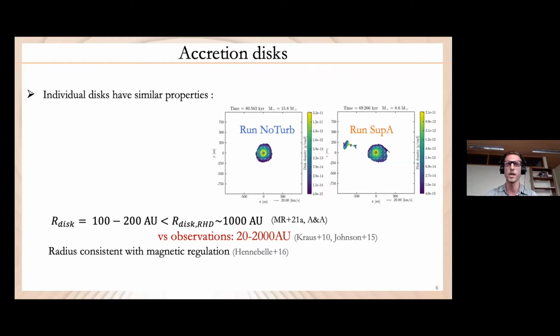We find disk radii that are typically between 100 and 200 AU, which is much smaller than what was found in the hydrodynamical calculation, and which is basically the closest that we get in comparison with the smallest disks that have been observed so far. And this radius is consistent with magnetic regulation. You can check this paper by Patrick in 2016, which shows that it's actually the magnetic field that plays this dominant role in setting the disk formation.